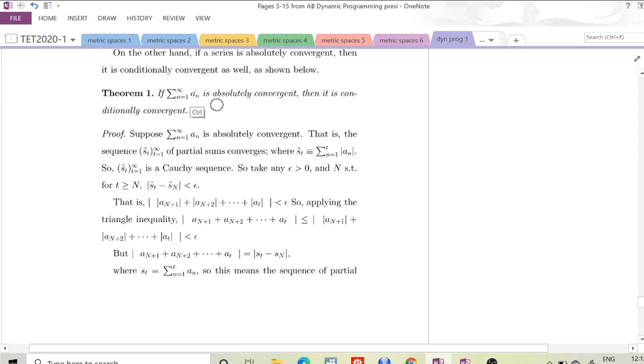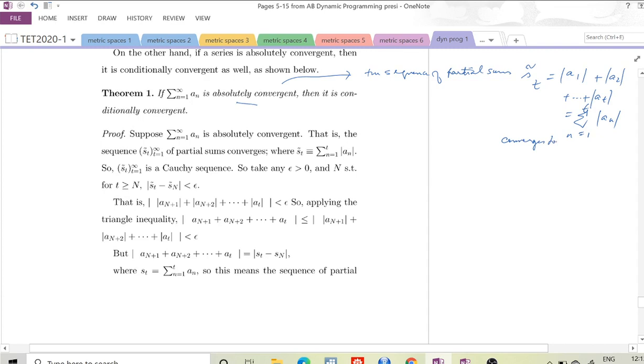But if I know that the series is absolutely convergent, which here again to remind you means that the sequence of partial sums S tilde t, defined as the additions of the absolute terms, converges to a real number, then the mother sequence itself converges.